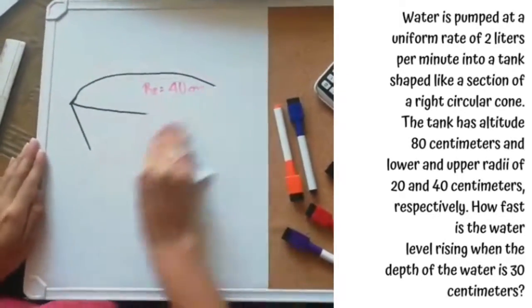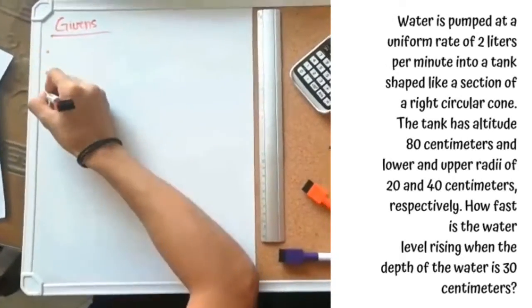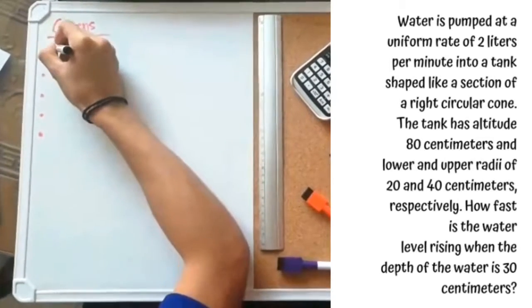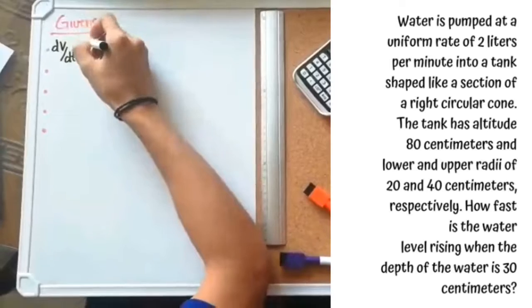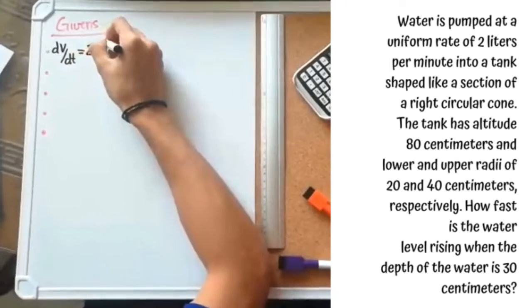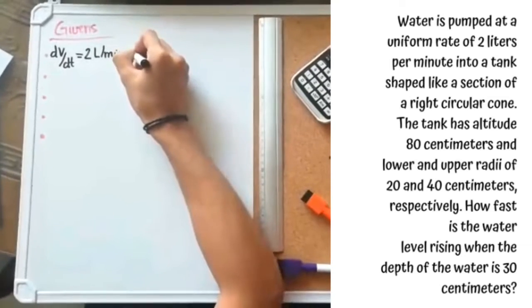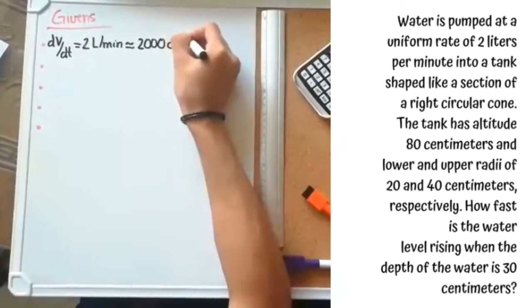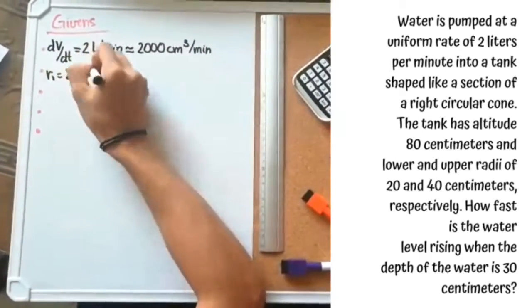Step number 2 for our problem is to set up the givens and the missing variables. Our first given is the rate of the volume, which is 2 liters per minute, but because the other two givens are in centimeters, we must change this to cubic centimeters by multiplying 2 times 1000, which gives us 2000 cubic centimeters per minute.